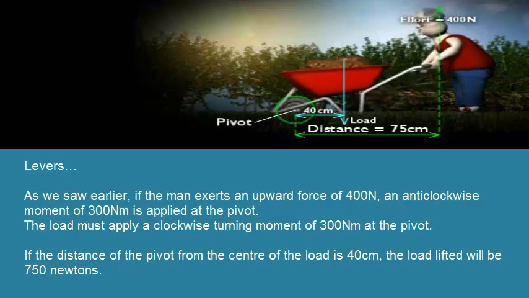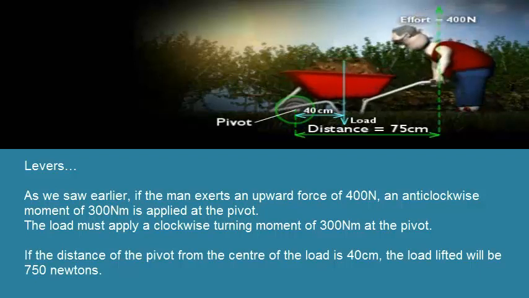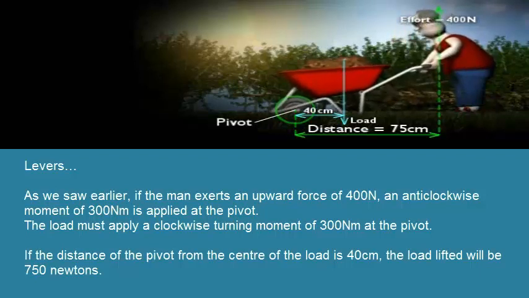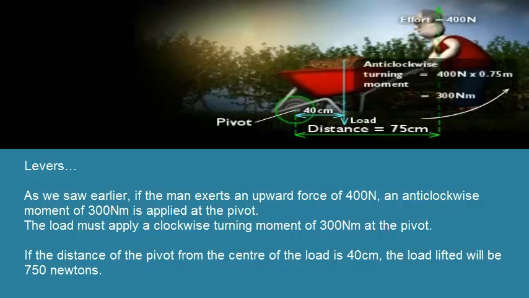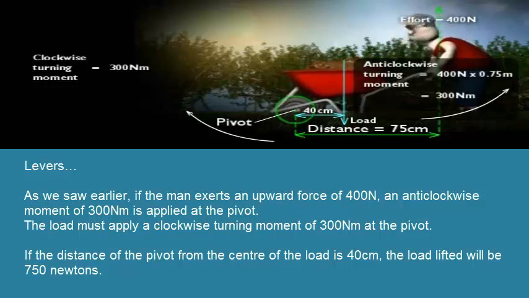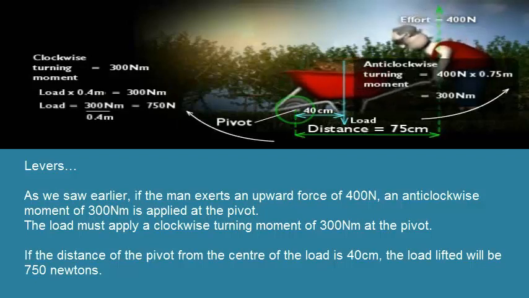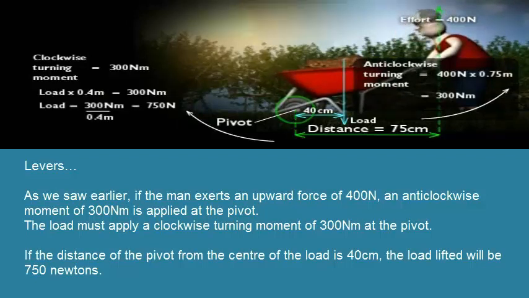As we saw earlier, if the man exerts an upward force of 400 newtons, an anti-clockwise moment of 300 newton meters is applied at the pivot. The load must apply a clockwise turning moment of 300 newton meters at the pivot. If the distance of the pivot from the center of the load is 40 centimeters, the load lifted will be 750 newtons.